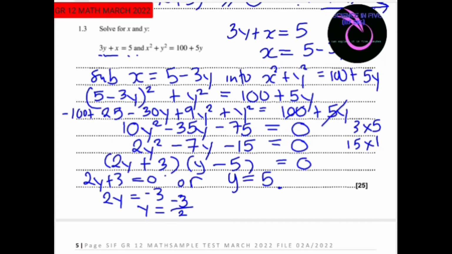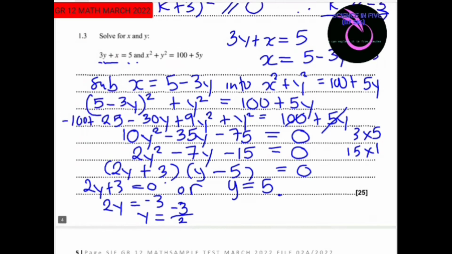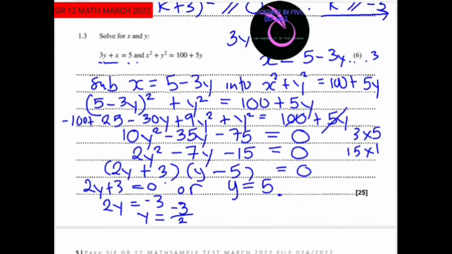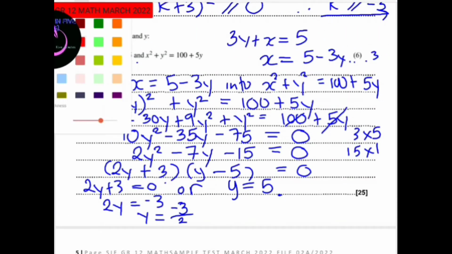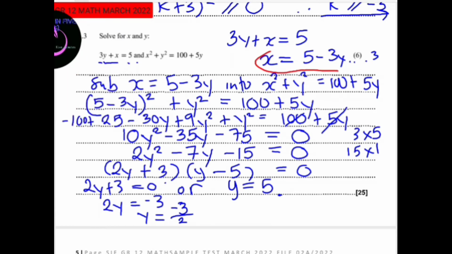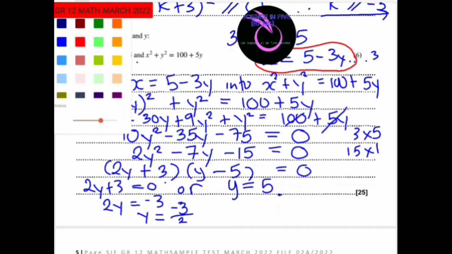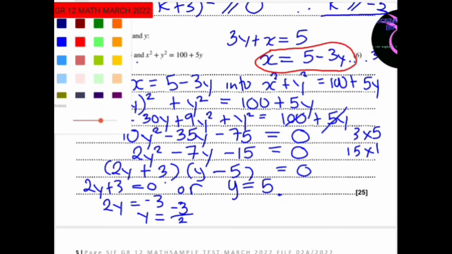Which means I must also have two values for x. Now, getting the x values is simple because I've already made an equation. This equation becomes very handy to help me get the value of x: x equals 5 minus 3y. So all I'm doing now is substituting.